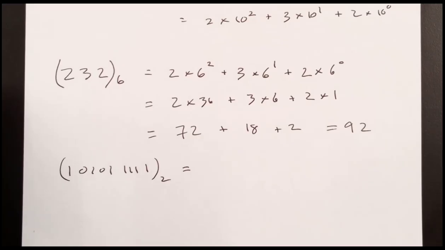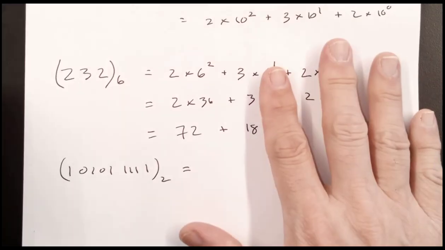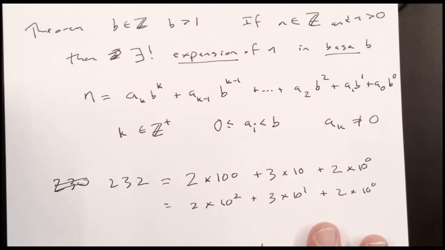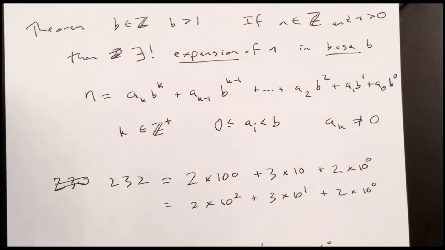I can't do 2, 3, 2 if my base is 2. Why not? There's my definition of a base b expansion.